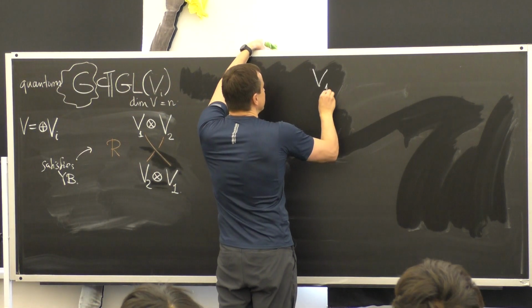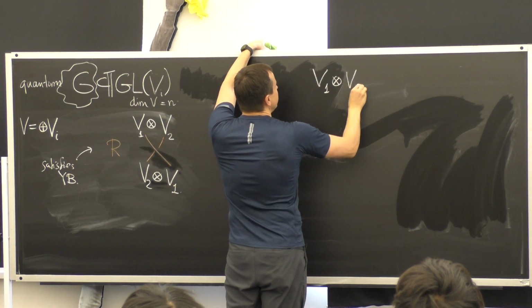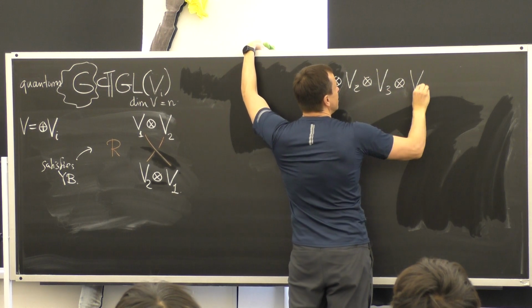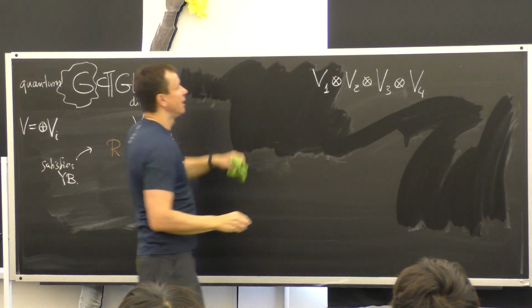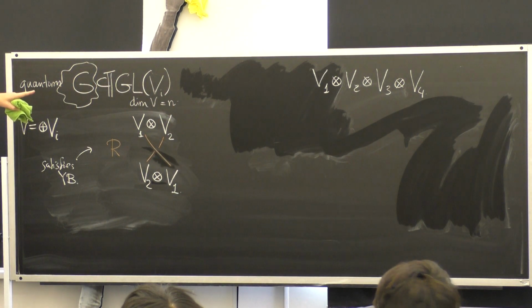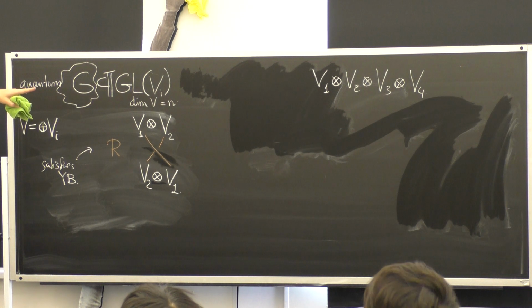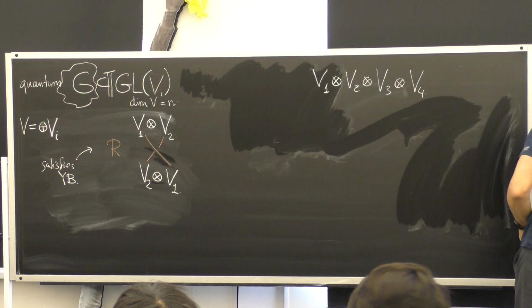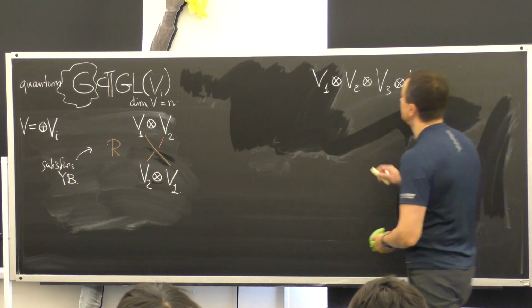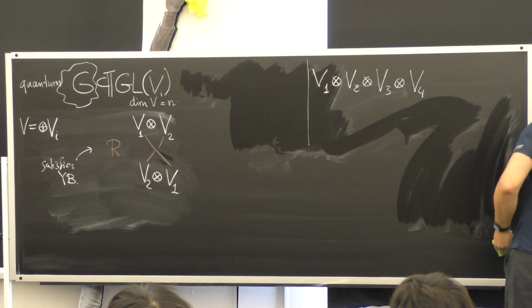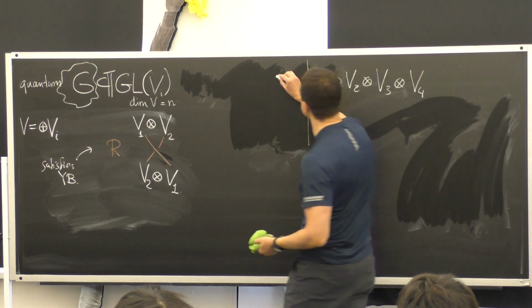So I have some tensor product, maybe V1, V2, V3, V4, and I want to construct an operator in this product. So what I give myself is an arbitrary auxiliary space. I'll put some line here so that we don't forget that this is auxiliary.